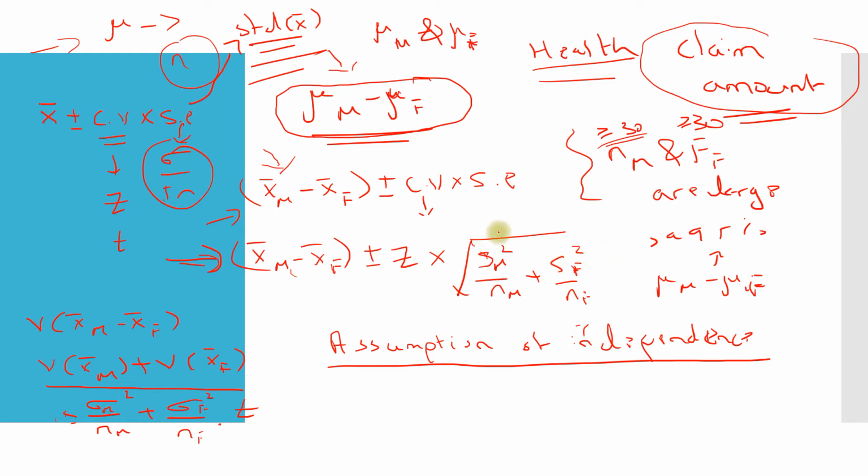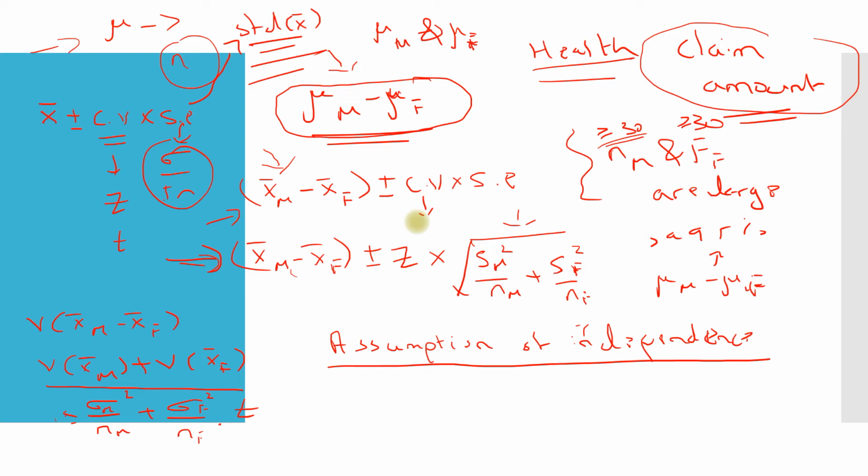So in your questions, generally you will be given information from a sample, the standard deviation or the variance from a sample, that you have to use to compute your confidence interval. That's what you need to know with regard to large sample cases. Given that sigma squared is generally unknown, you will be using s squared m and s squared f.